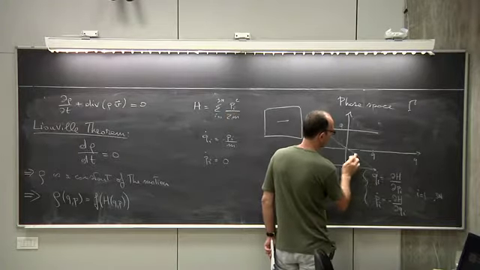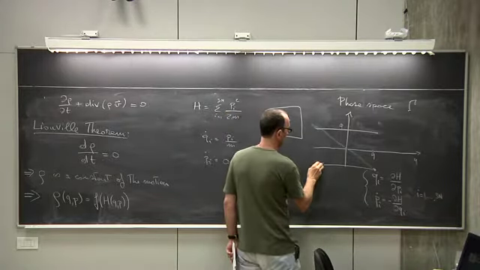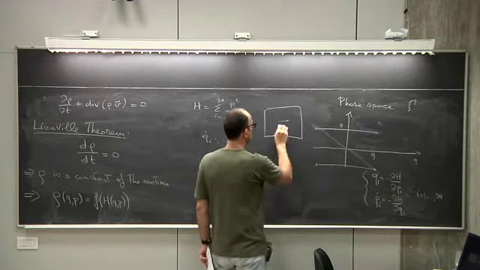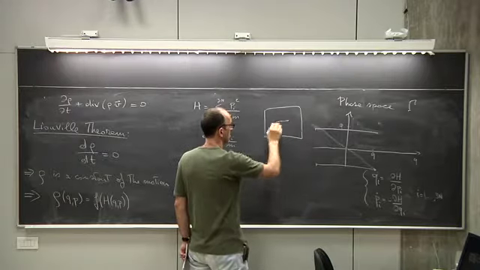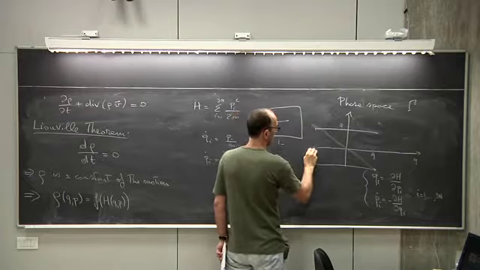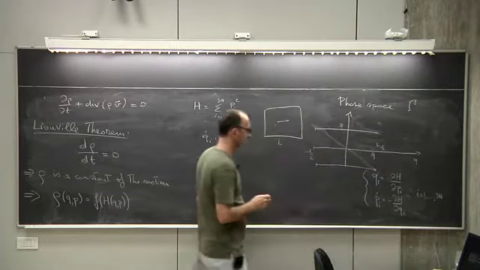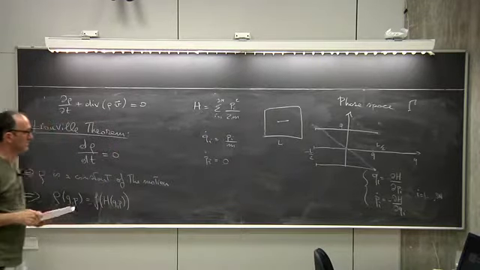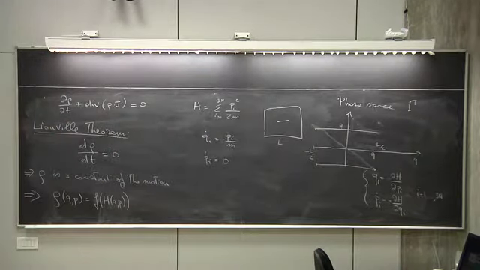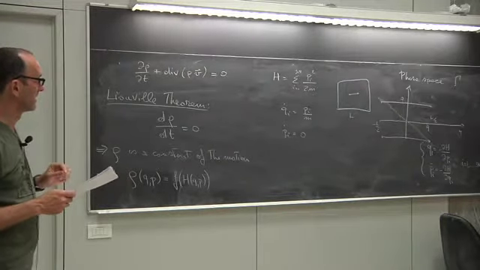This is just for one particle. Imagine that this particle is moving horizontally, and this is L, it would go from minus L over 2 to L over 2. So this is the phase space of one particle, which is sampled by your system.